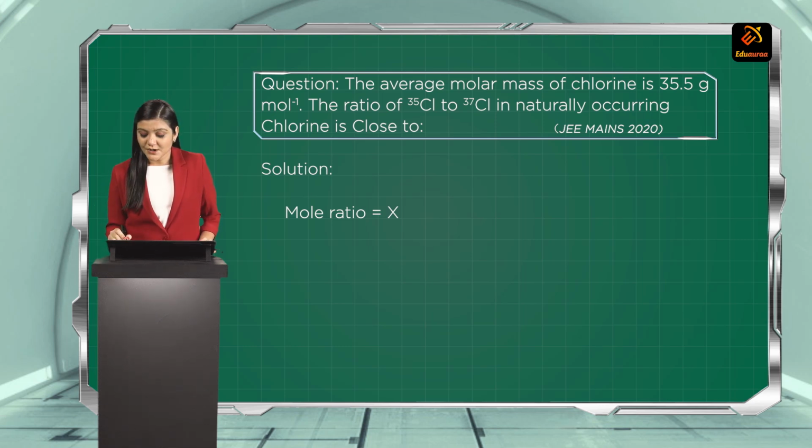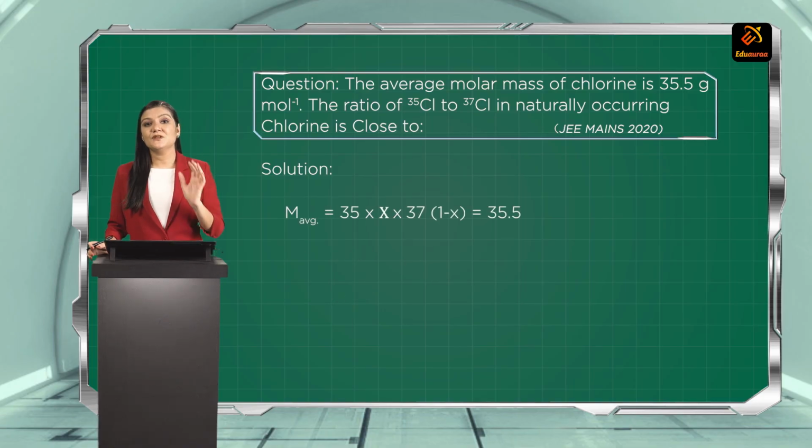If I consider total 1 mole, out of which X is chlorine 35, so 1 minus X will be chlorine 37. If I consider average molar mass, it is equal to abundance of the first component multiplied by its molar mass, plus abundance of second component multiplied by its molar mass, and add both of the components.